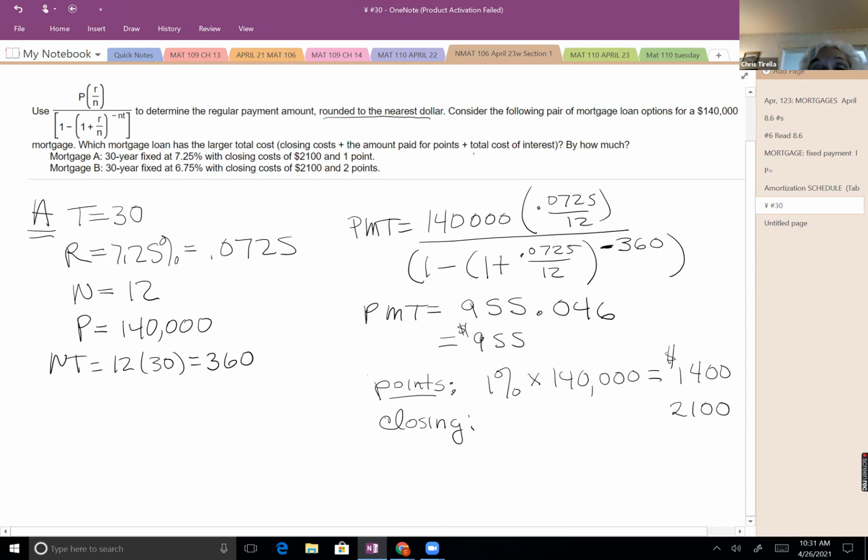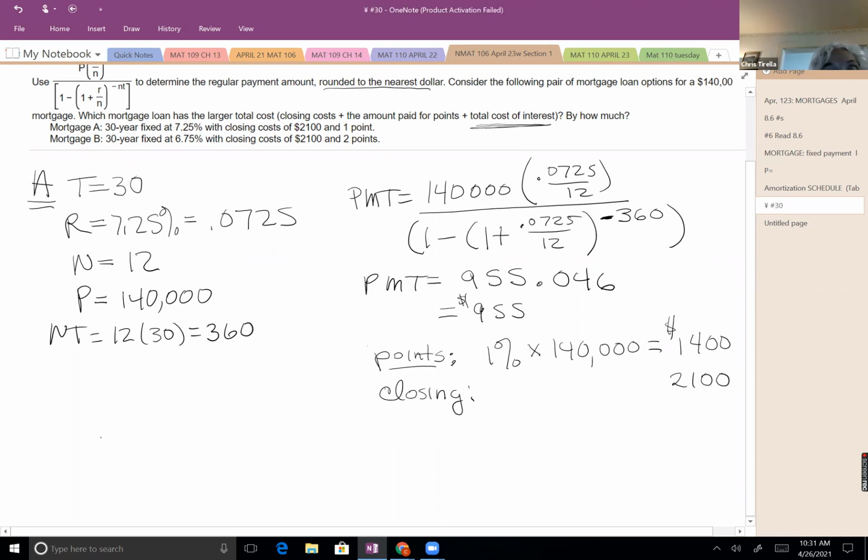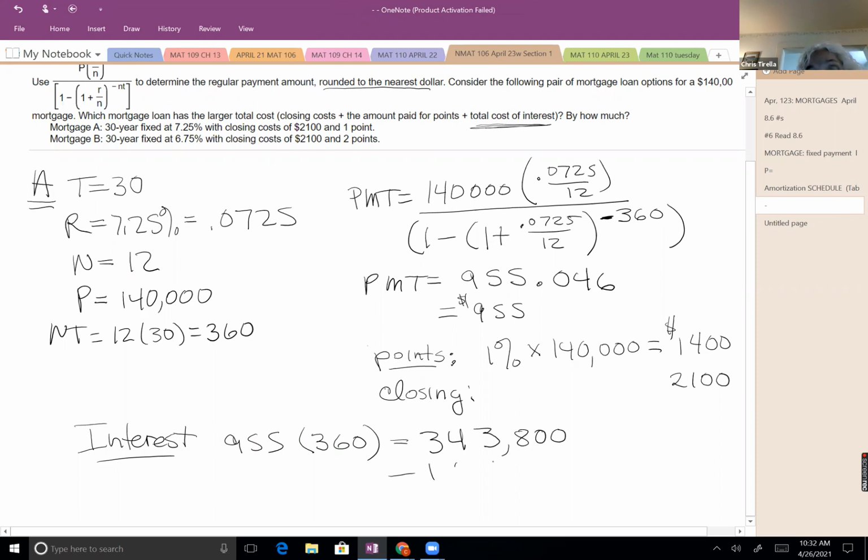And let's see, they want the total cost of interest. So for the total cost of interest, we're going to take that payment, multiply it by the number of payments, which gives me that the total of my payments is $343,800, and we're borrowing $140,000.